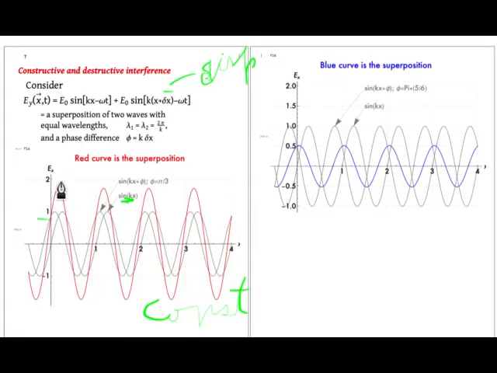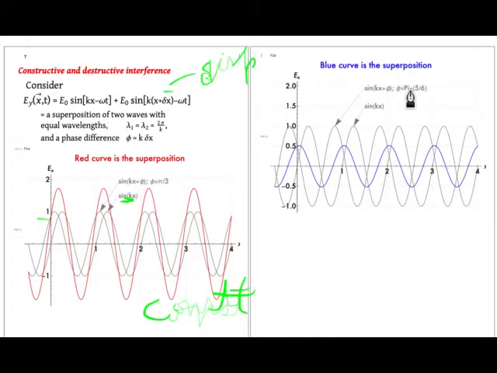Then the amplitude would be twice as great. The energy transport or intensity would be 4 times as great. So that's constructive interference. If you add two waves, you'll get a bigger wave, but not just by a factor of 2. Well, the electric field increases by a factor of 2, but the energy transport increases by a factor of 4.